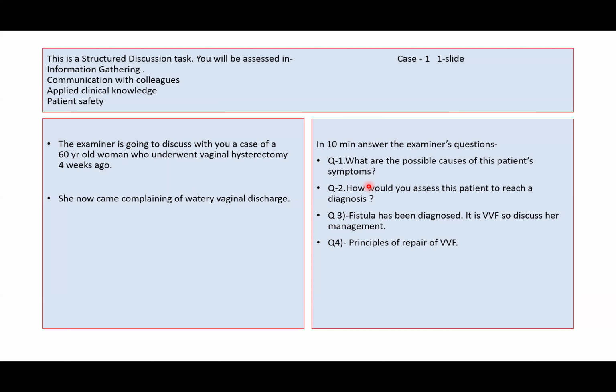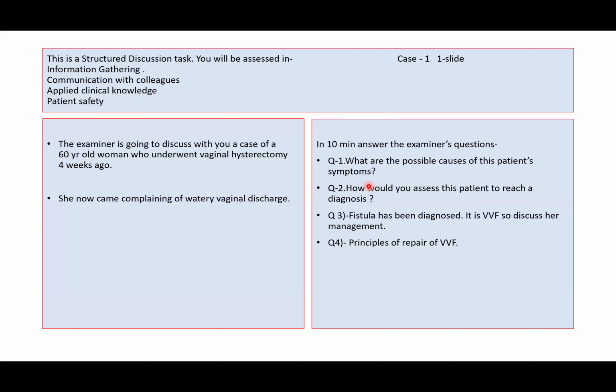So my differential diagnosis is she might have a vaginal fistula, or a leak after the operation, and might have a urinary tract infection, and maybe a stress urinary incontinence, and maybe there is a pelvic collection and vault hematoma, and maybe there is peritoneal fluid leakage. So, for my further management, I want to take a detailed history, examination, and investigation.